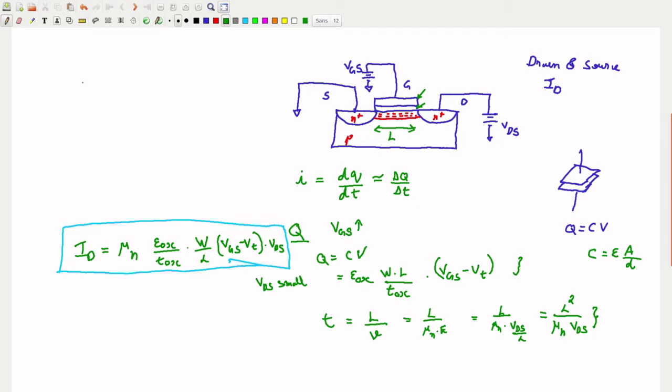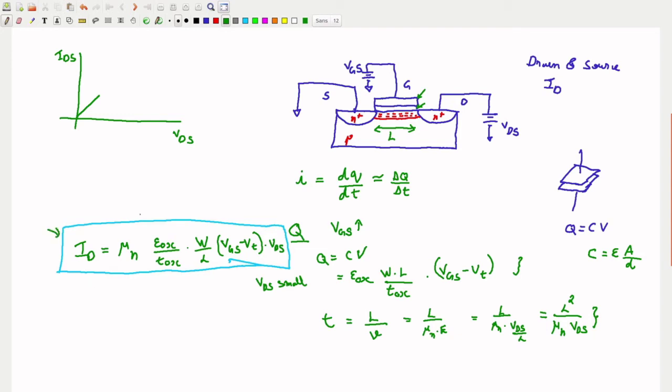Now, if we plot a graph between VDS and IDS, the drain to source current versus drain to source voltage, when VDS is small, we see that ID is linear by this expression.